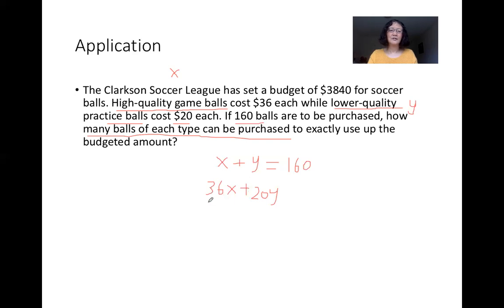Okay, the cost for high quality plus the cost for low quality equals the total budget we have, $3,840. So we created systems of equations with two variables for this application.